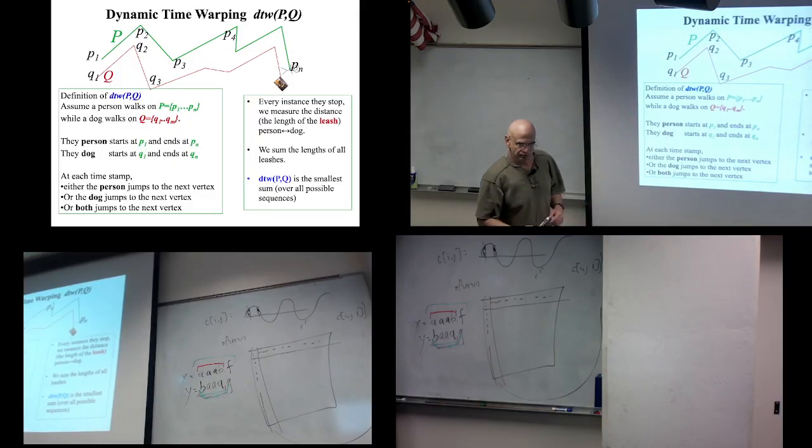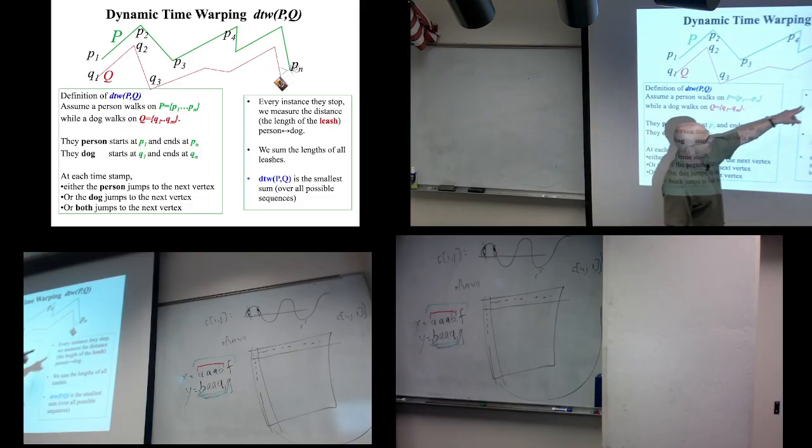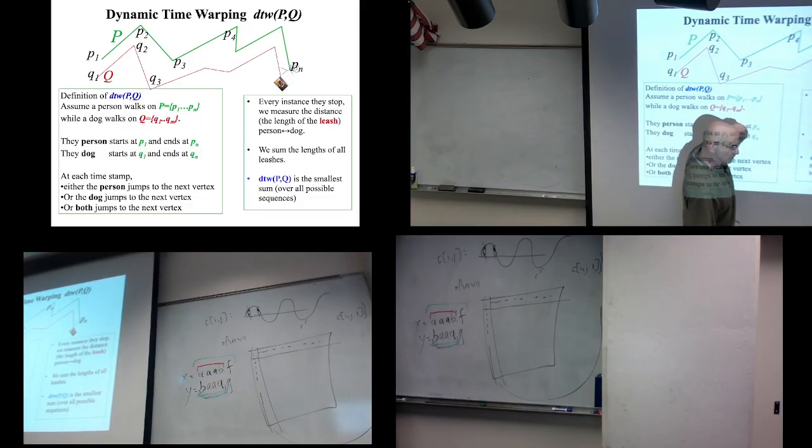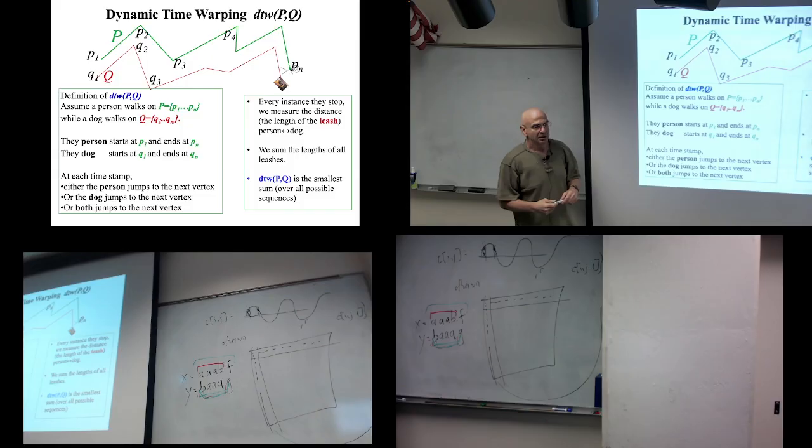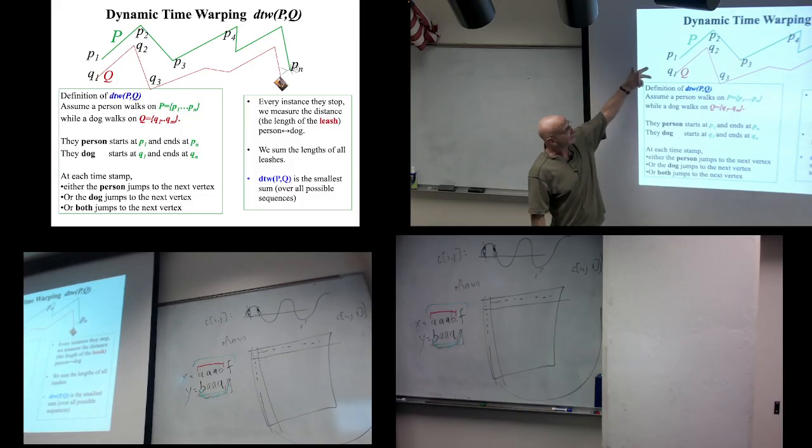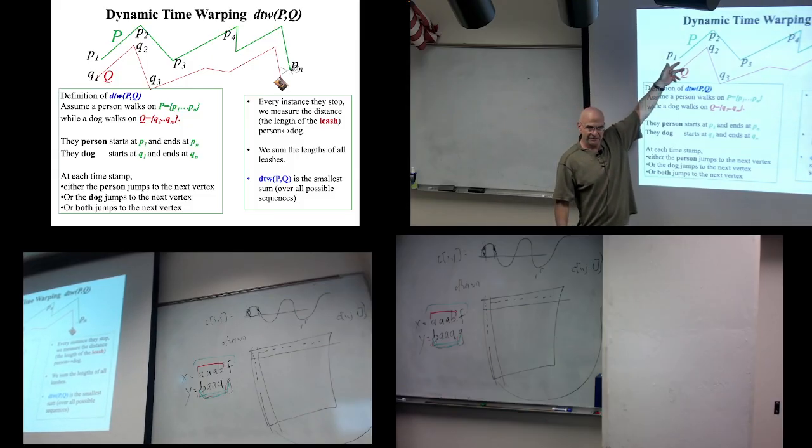Must be. When they terminate the walk, they are at the last vertices of their trajectories correspondingly. What should happen at every time step? At every time step, at least one of them must move. Move where? Move to the next vertex.